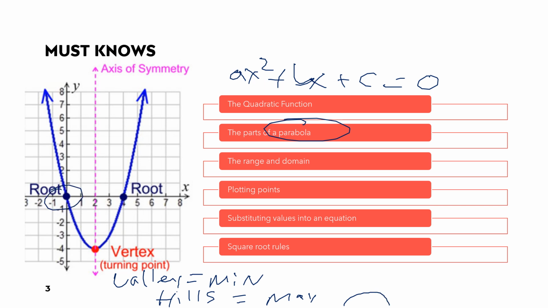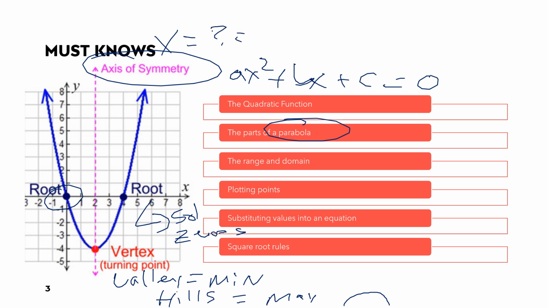We also have your roots. Your roots are also your solutions or your zeros. You got your axis of symmetry, which is the imaginary line that cuts our parabola in half. And that's whatever the x value is of our vertex. So this one, it looks like it's 2.